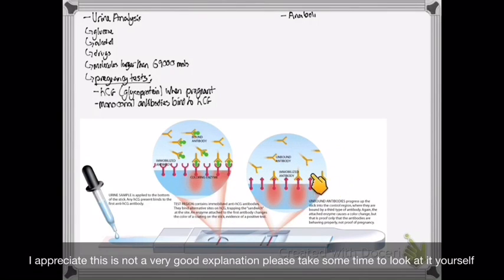And just as a test to ensure that the pregnancy test is working, you have these unbound antibodies. They do not carry the blue bead, but they naturally just attach to the immobilized antibody. And if they bind to it, and the blue beads bind to it, you get two lines. If you get two lines, that is evidence of a positive test.